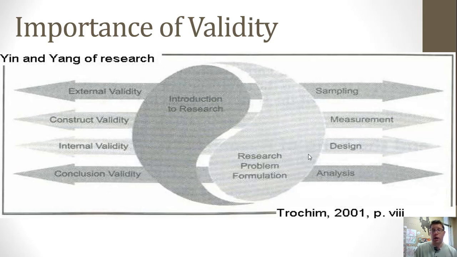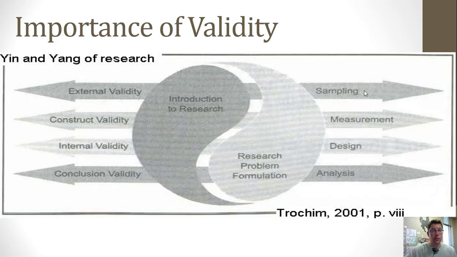All right, relating the different types of validity that we've talked about so far over the semester to different parts of your study. So external validity, remember, deals with your sample. How did you acquire your sample? If it's a convenience sample, that lowers external validity.